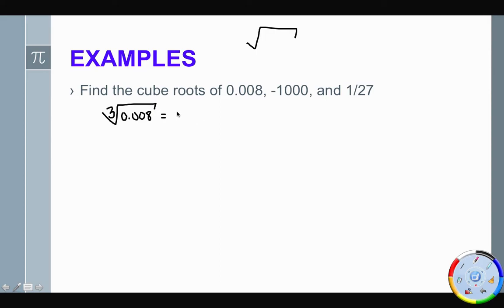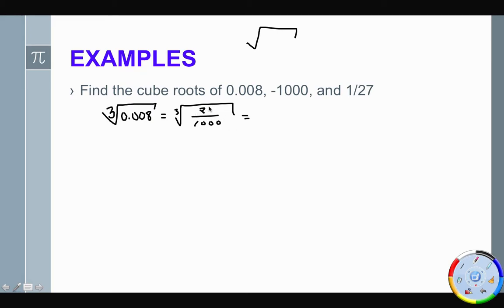What I want to do is think about this as a fraction first. And I know that 0.008 is 8 over 1,000 because that is the 1,000ths place. And in any radical problem, we take the radical of the numerator and the radical of the denominator separately.